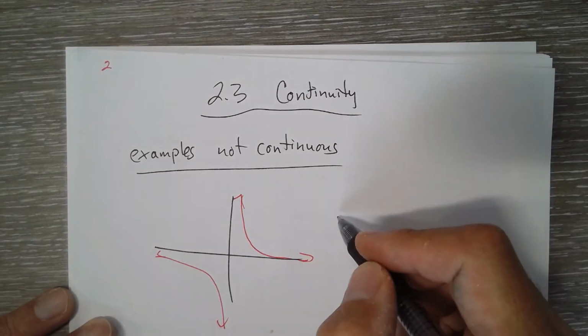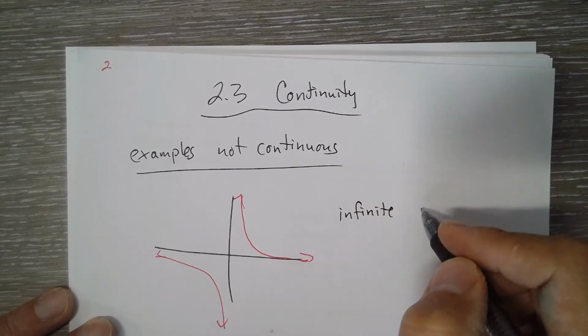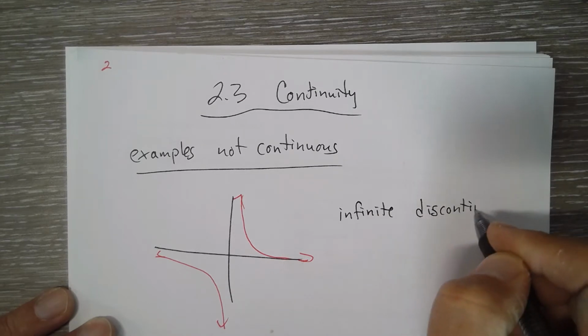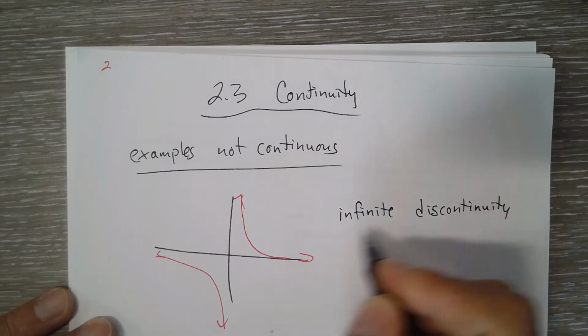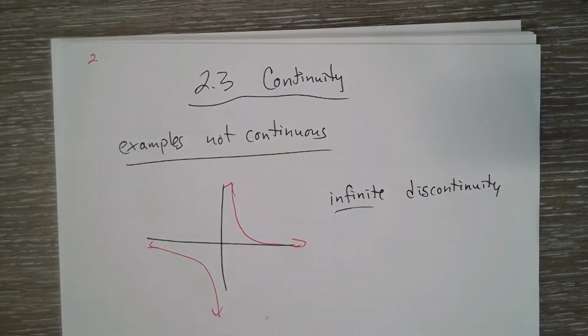So this is an example of an infinite discontinuity. So infinite discontinuity just means there's an asymptote there.